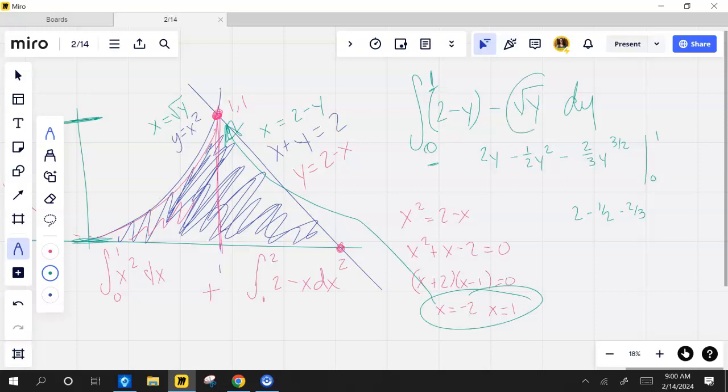What's the antiderivative of this? Did you get 5/6? That's right.